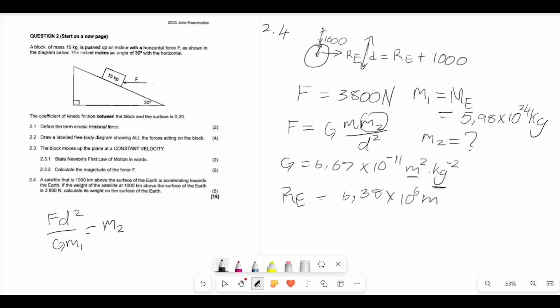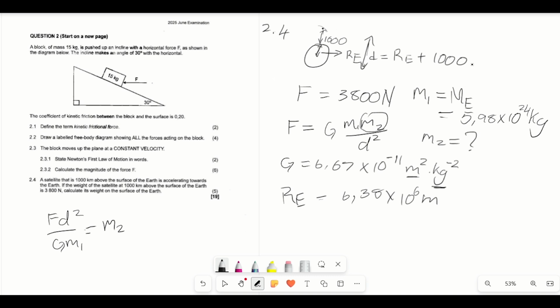So we'll have 3,800 in brackets times D squared, which is RE, 6,38 times 10 to the 6 plus 1,000. Oh yeah, I forgot to convert that 1,000 into meters.